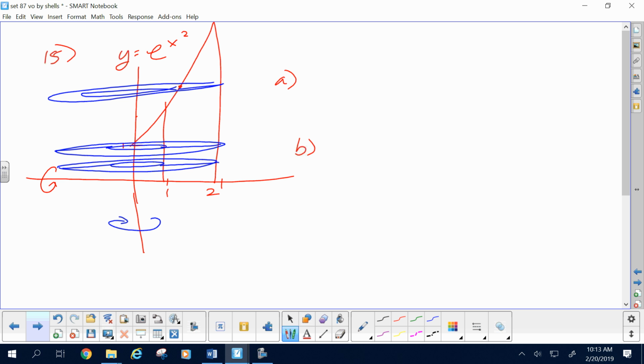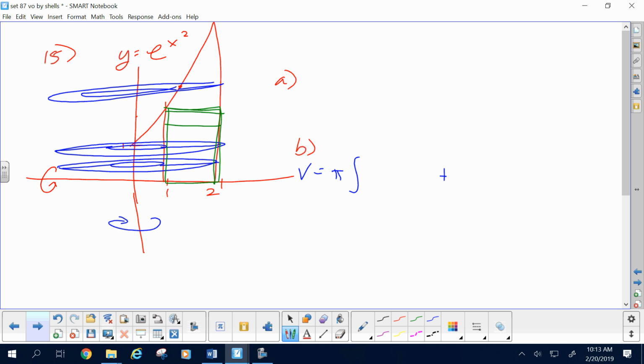So if you were to have done this yesterday, the intention was you'd have said two sets of washers, one set in the region here where you're just going from the one line to the two line.